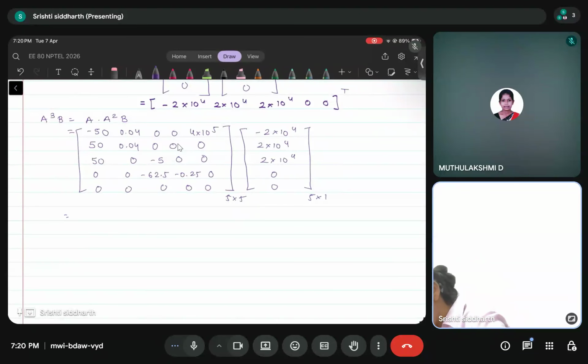Okay, so then we have minus 50, so plus 50 into 2 into 10 to the power 4 plus 0.04 into 2 into 10 to the power 4 and then zeros. Then we have minus 2 into 10 to the power 4.